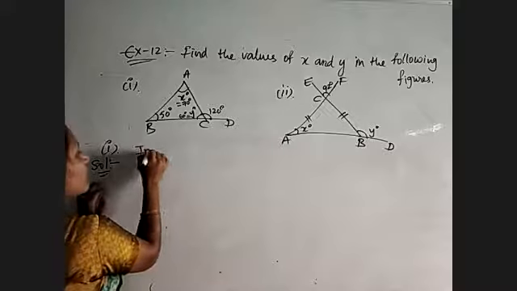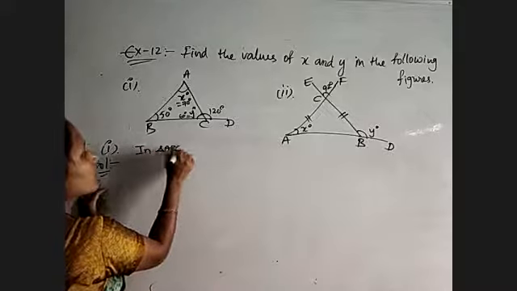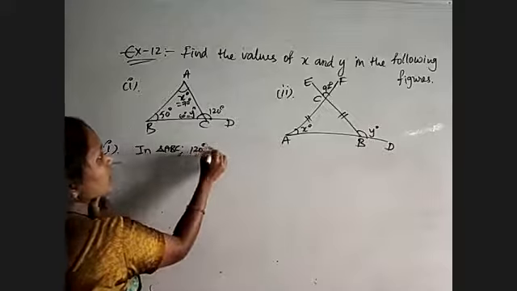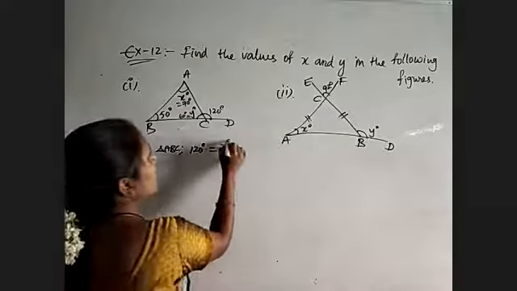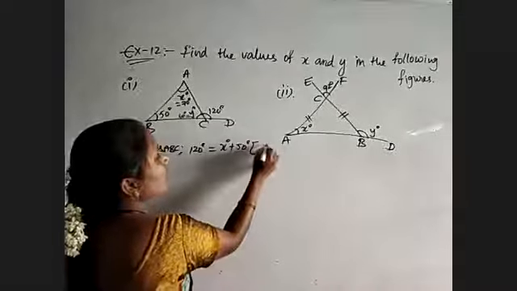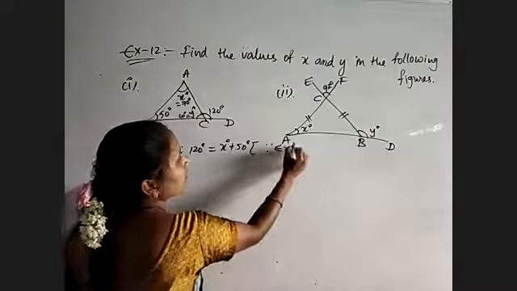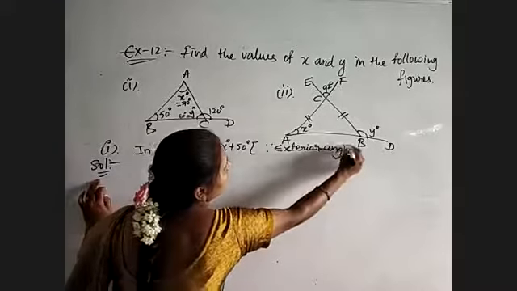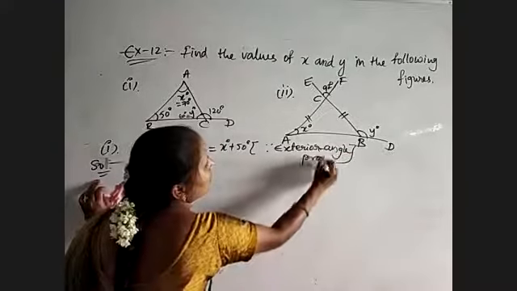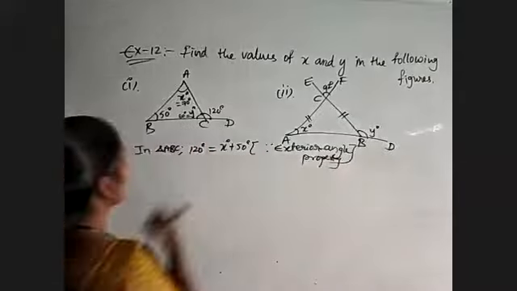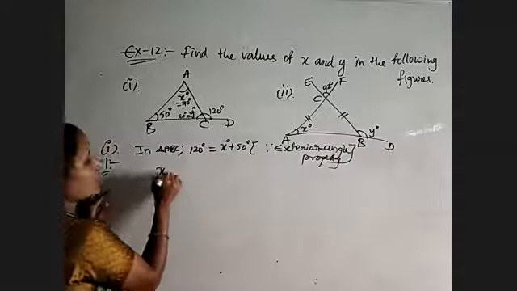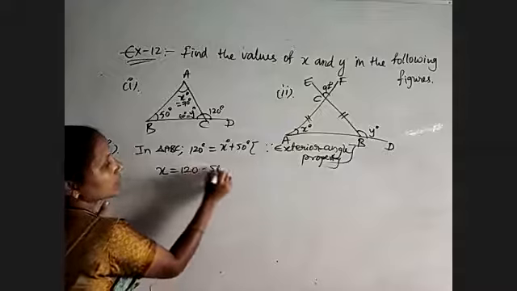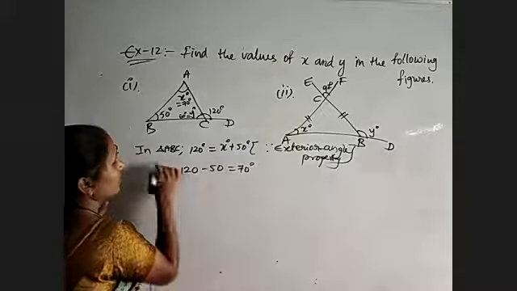In triangle ABC, 120 degrees is equal to x plus 50 degrees because of the exterior angle property. So x will be equal to 120 minus 50, which is nothing but 70 degrees.